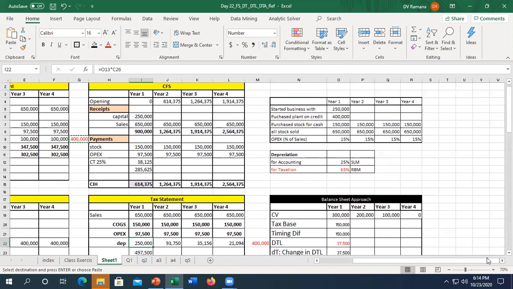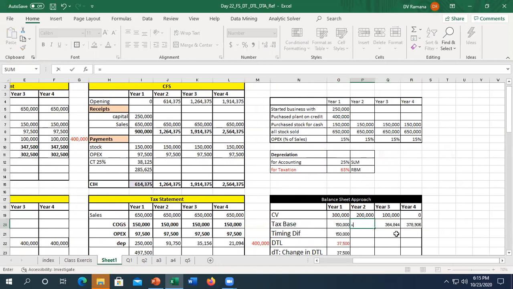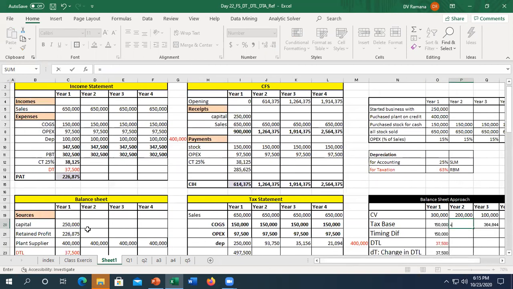So let us see the tax base. The tax base is equal to 400,000 minus 250,000 minus depreciation of the current year, 56,000. Is that okay?